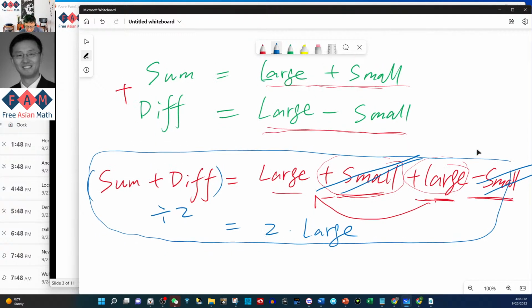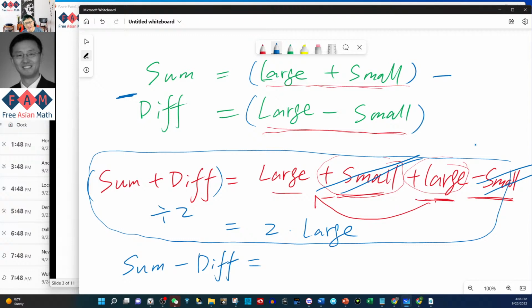And without any doubt, we can do a similar thing on how to get the small. We replace this addition with a subtraction. So now sum subtracting the difference right here would be this quantity subtracting this quantity.